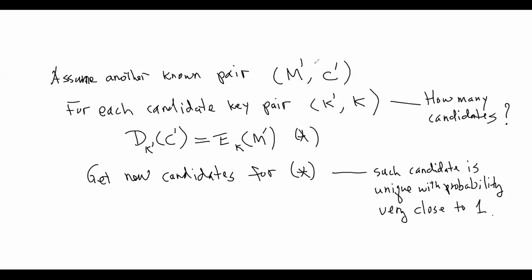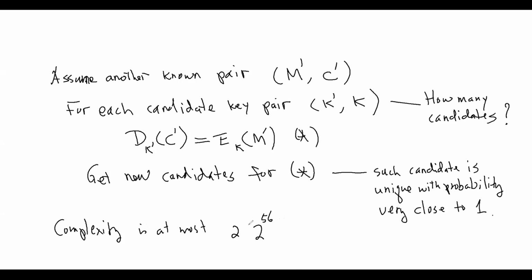All right, so the complexity is at most, originally you get 2 to the 56, but you do encryption and decryption, which means you do it 2 times.